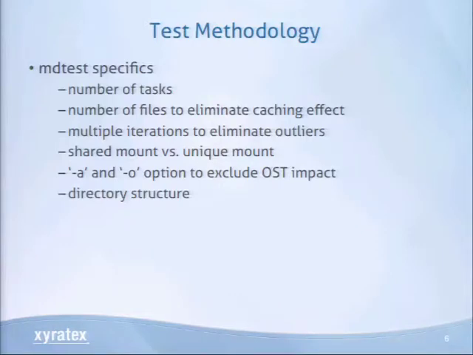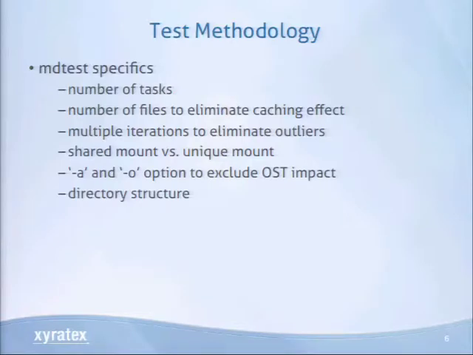The third thing is you want to run MD test in multiple iterations, 3, 5, 10 times, because we see fluctuations. So you want to use multiple iterations and take an average to eliminate the effect of outliers. The next one: if you have a lot of physical nodes, that won't be an issue. But sometimes you have a limited number of client nodes and you want to run a lot of tasks.